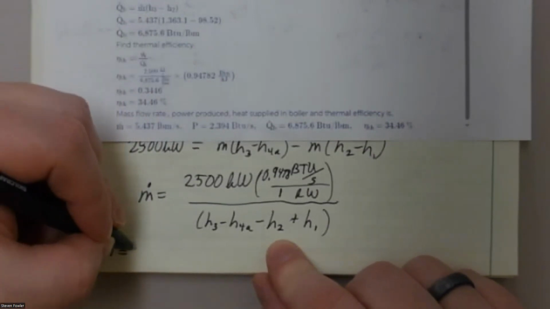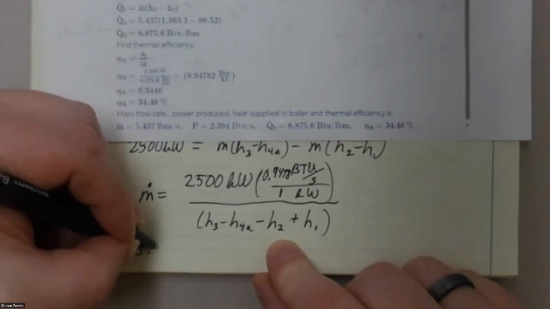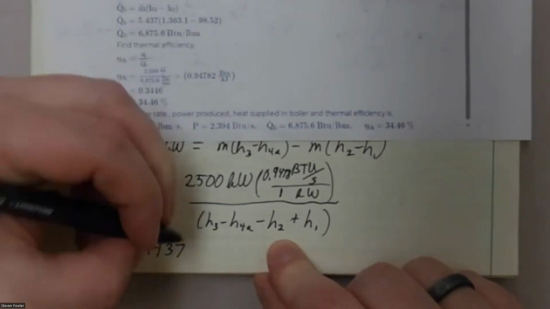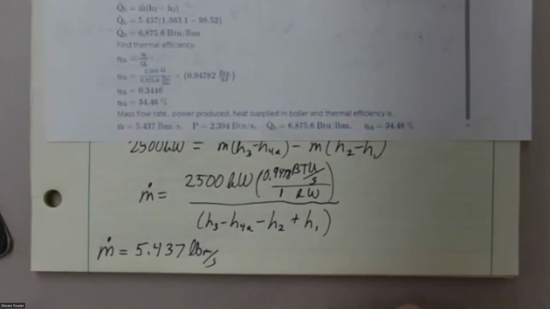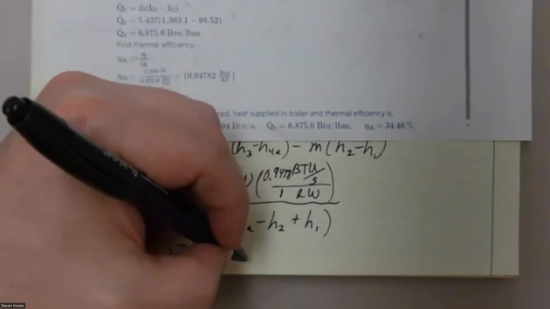At any rate, M dot is 5.437 pound mass per second. Now, I don't know if they're using the same models for their property tables that our book is using. That's the thing about Chegg solutions. We have no idea where their values are coming from. So it's probably pretty close, but if you do it with your property tables, you're probably going to get something a little bit different.